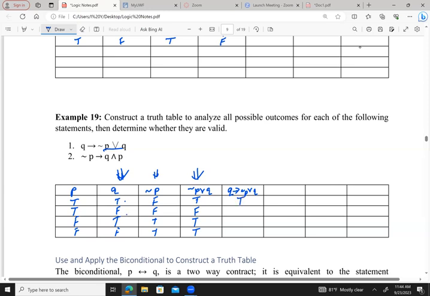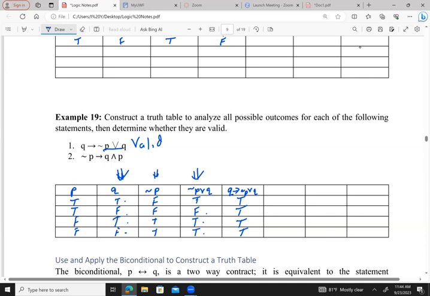First one is false and false. Well, that's true as well. True and true. That's true as well. True and true. So this is a valid statement. So number one is valid.